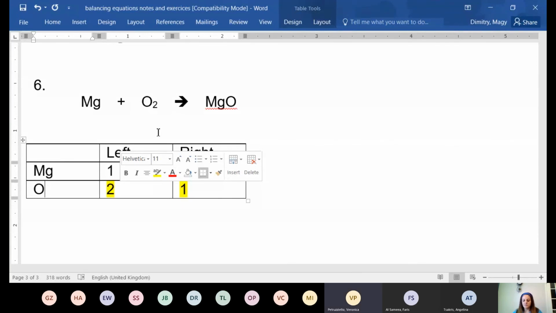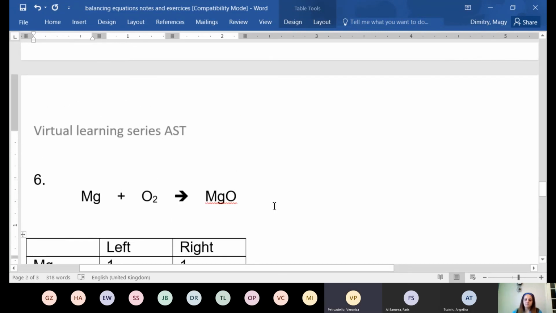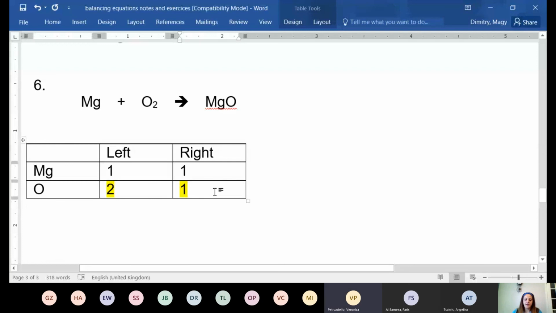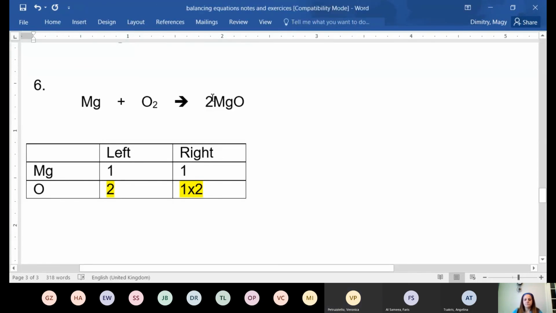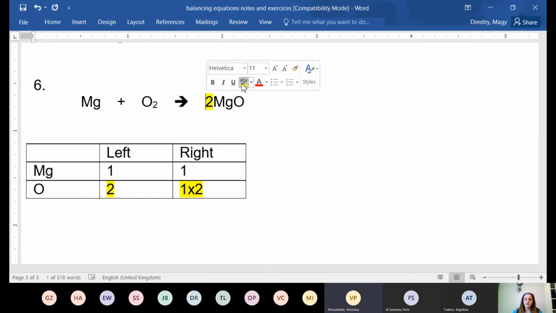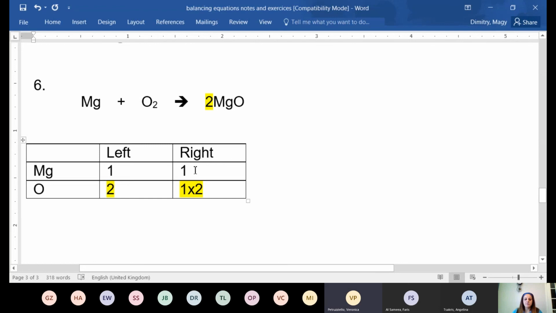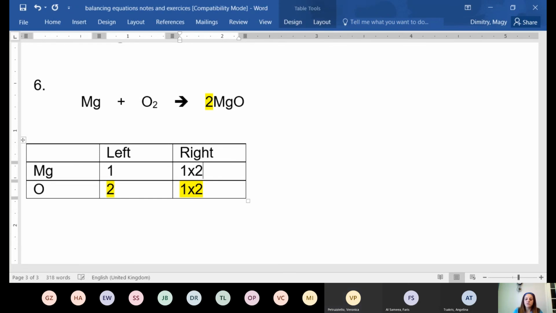Veronica, you still there? Yes, miss. Okay, so what do I do next? Times it by 2 on the right side. Yeah. There you go. So oxygen is okay, but now magnesium is not, because you just multiplied it by 2.